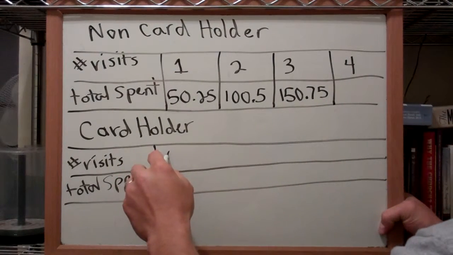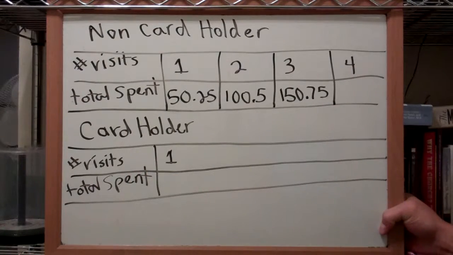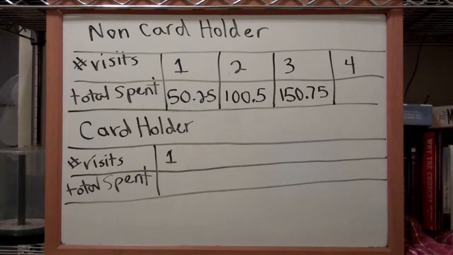If you're a card holder and you go the first time, not only have you spent $168 to get the card, but you've also spent $20.25 on getting the oil change and car wash.